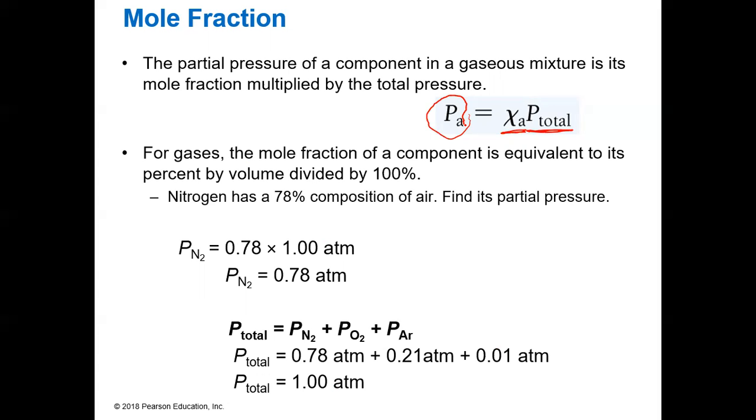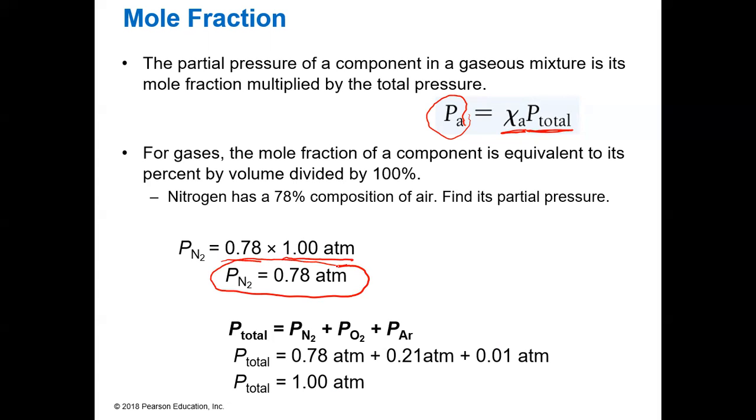In other words, its mole fraction is 0.78. If the total pressure of dry air is 1 atmosphere, what is my partial pressure? Well, I would simply take the mole fraction of nitrogen times the total pressure.